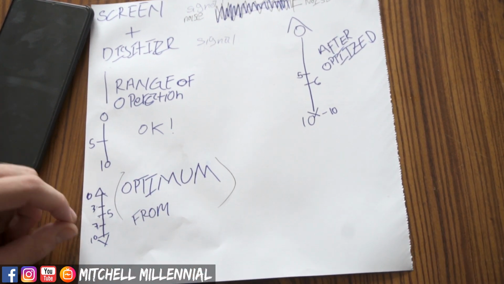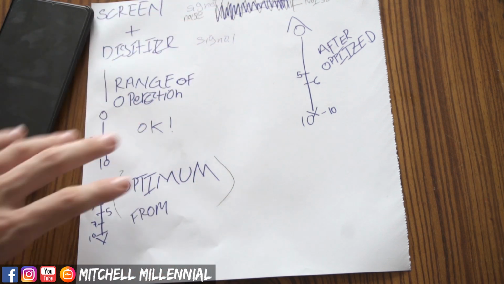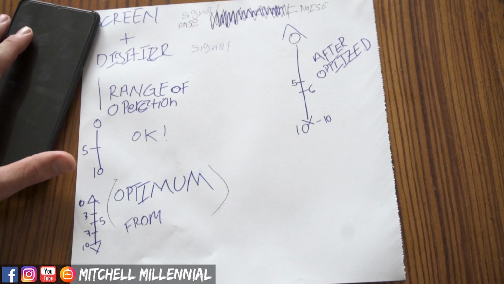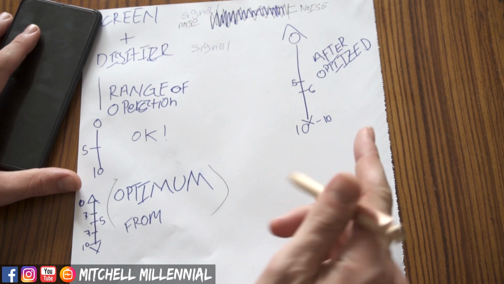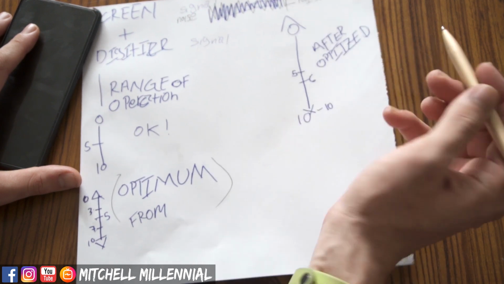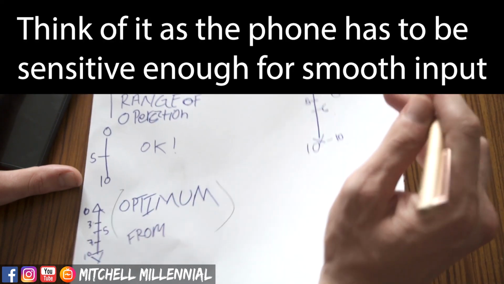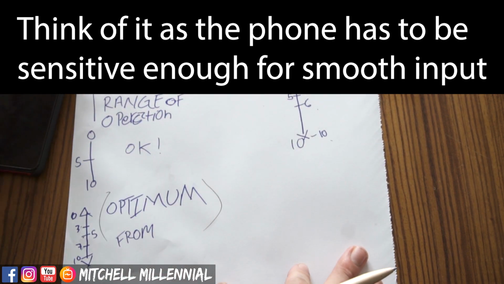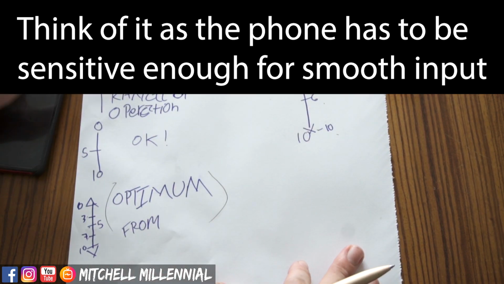So it was probably set from 3 to 7, and we're just using this as an arbitrary set of numbers. Now after it's been optimized, Xiaomi said, well, if we change this value to this and to this, now we're operating between the range of 6 to 10, okay, we are going to be able to filter out some of that noise, and we're going to have better touchscreen accuracy.